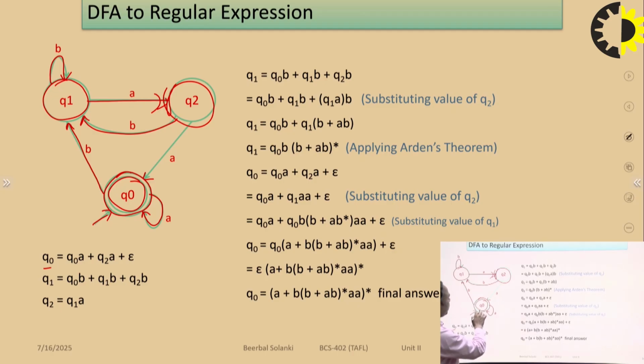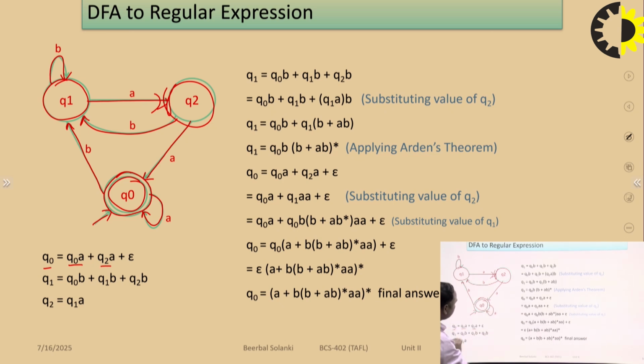We can reach the Q naught state from Q naught by taking the input A, and also we reach the Q naught state from state Q2 by taking the input A. So Q naught with input A reaches the Q naught state, plus Q2 with input A reaches the Q naught state.